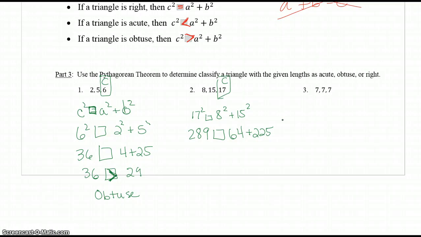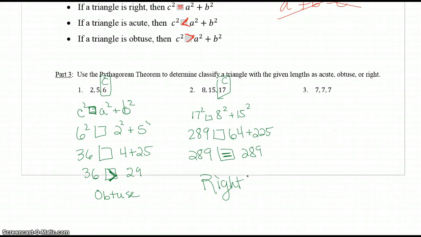So if we add those together, we get 289. You see that those are equal. So this is going to be a right triangle because the Pythagorean theorem works.